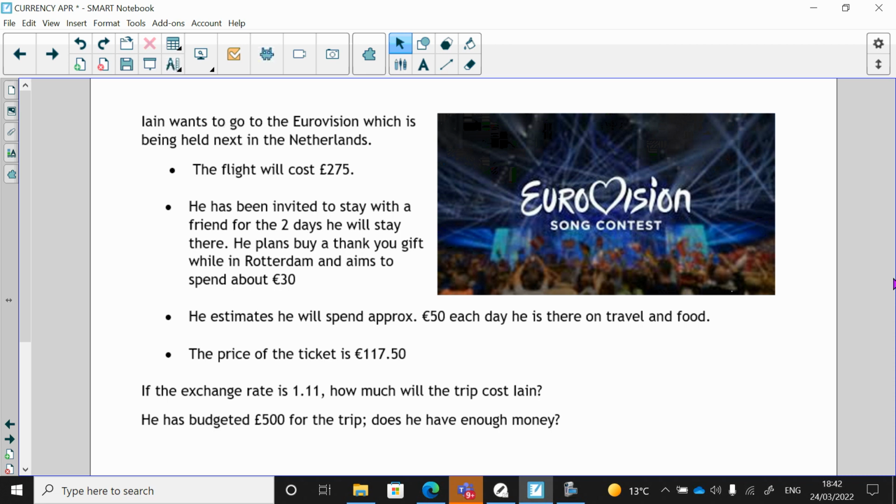So what we've got here is several bullet points that involve costing arrangements. Here's your first bullet point, £275 for the flight, second bullet point, third bullet point, fourth bullet point, we'll get information in each. But what I can see about the bullet points is we've got mixtures of pounds and euros.